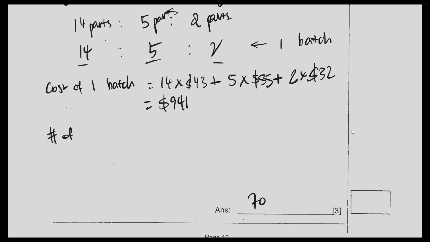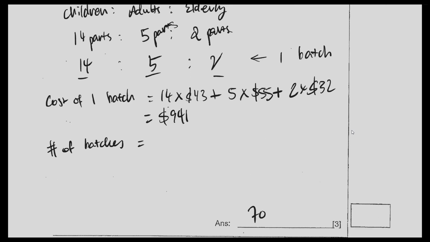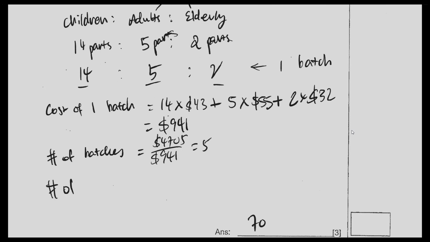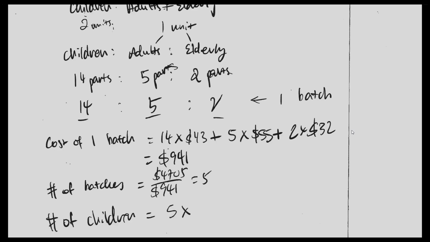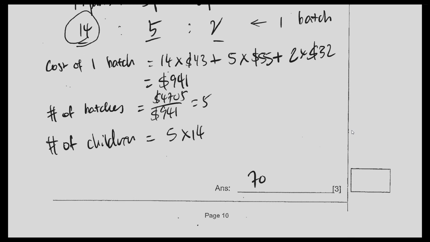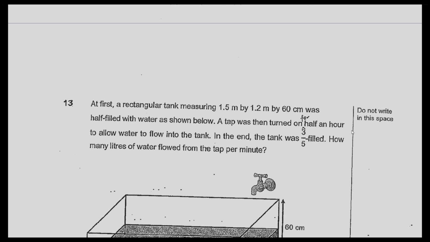So the number of batches is his total amount of spending, 4705, divided by 941, which is 5. So we can find out the number of children. So that's just 5 times. How many children are there in a batch? We have 14. 5 times 14, we plug it in, get 70. Write your final answer, and this is your answer.